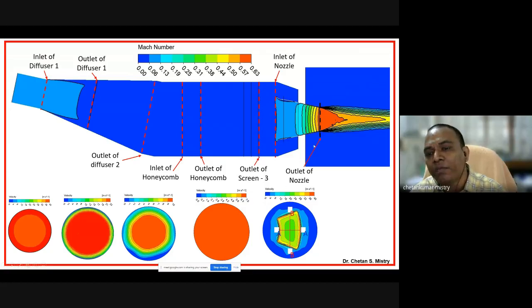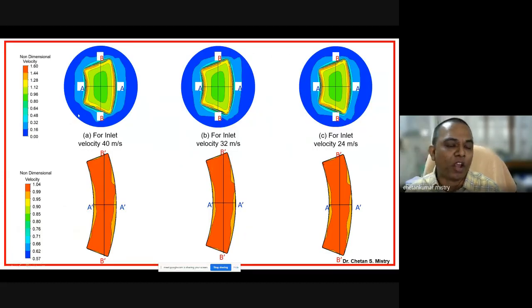Here, if you look at this particular location, I'm having this kind of flow distribution. This is at the entry of the nozzle. Now this nozzle has also been designed using a 9th order Coulomb wave. Maybe I will show you that part. Now this is with different inlet velocity.